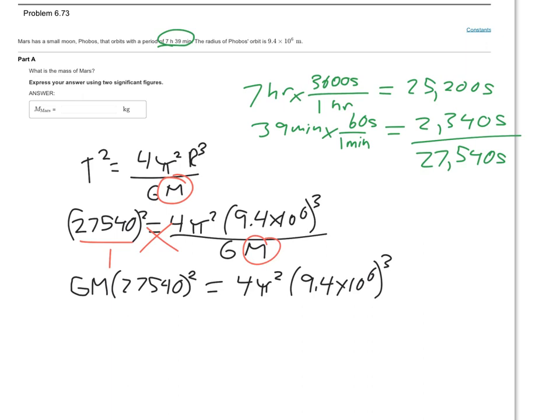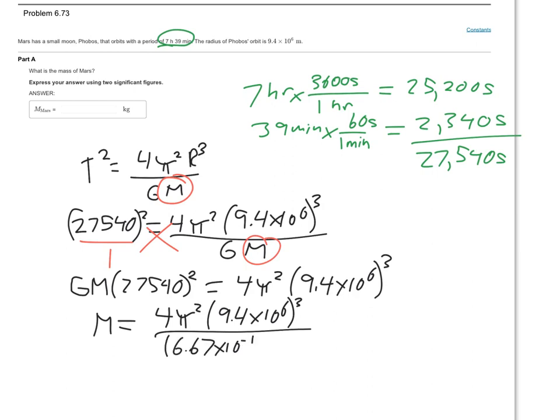So then when I go ahead and solve for m, my mass is just going to be 4 pi squared times 9.4 times 10 to the 6th cubed all over big G, which is 6.67 times 10 to the negative 11th, times that 27,540 squared. So I just divided by this and by this to get mass all by itself.